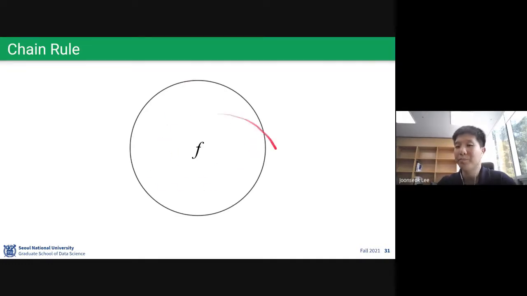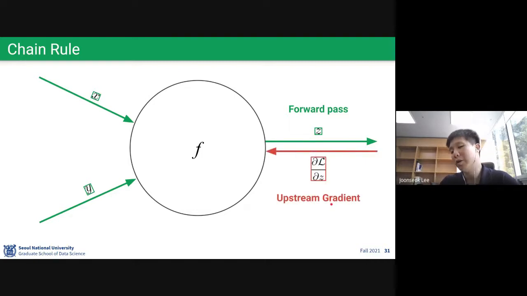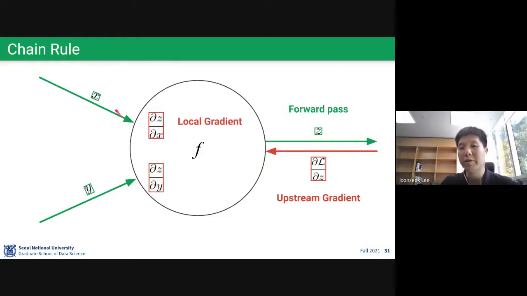In each node, you have some function, and it takes multiple inputs, let's say x and y. When you do the forward pass, you compute based on what this function defines. For example, x plus y, then you have the output z. When you backpropagate, each node receives an upstream gradient, which is the gradient computed at the later nodes. Within this f, you have the local gradient, how much this x affected z, right?